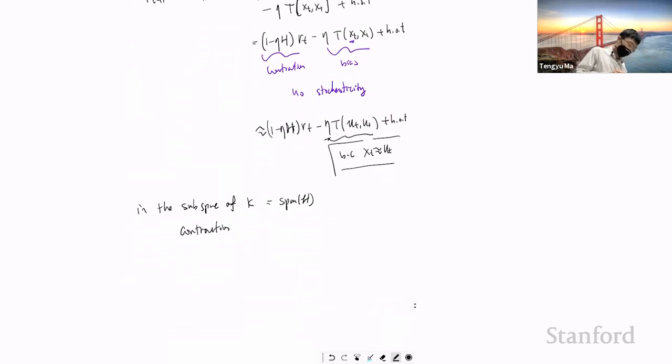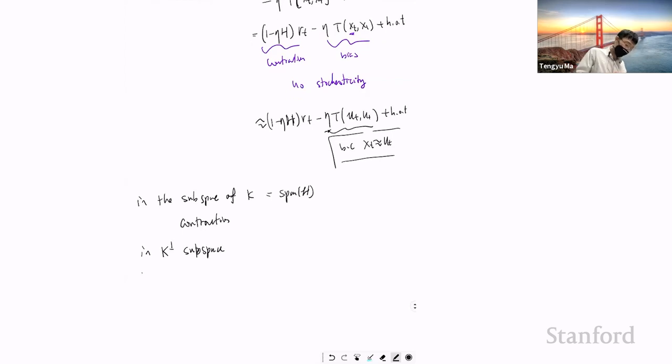However, for the K-perp subspace, the contraction is gone. You project everything to the K-perp subspace. So H doesn't have any effect anymore, because H has nothing to do with the K-perp direction. You just project it out.